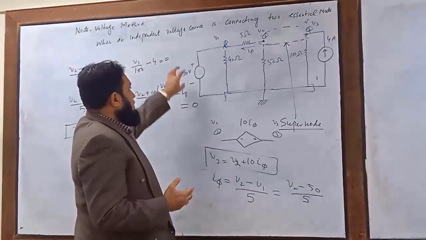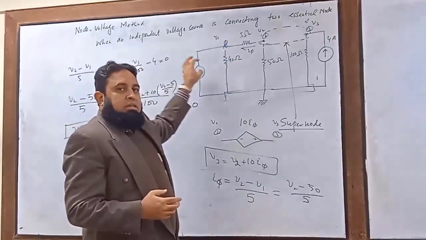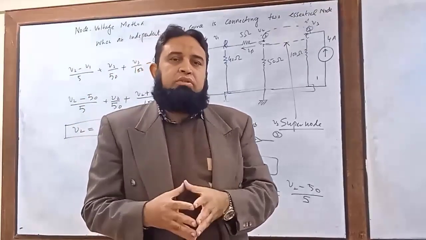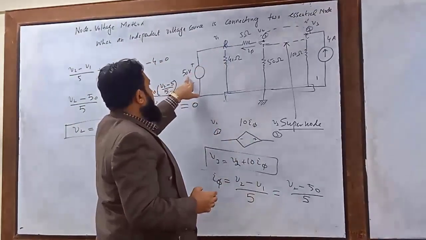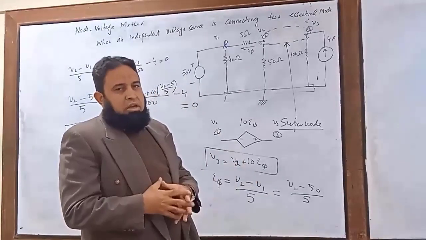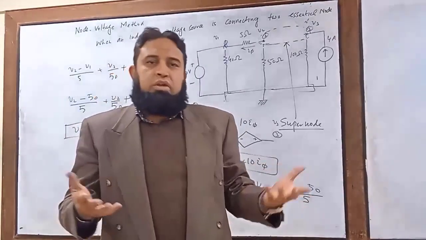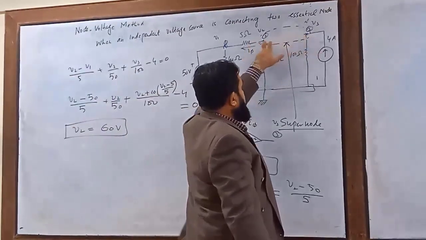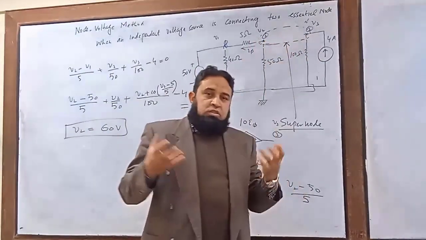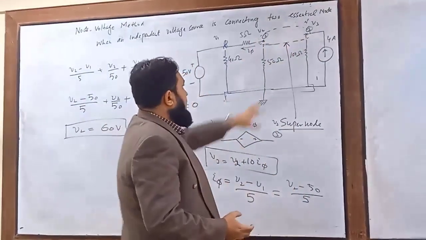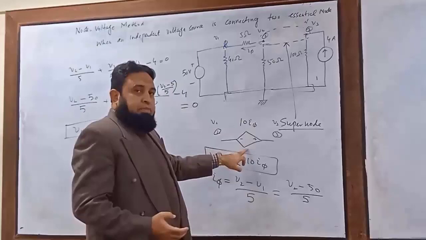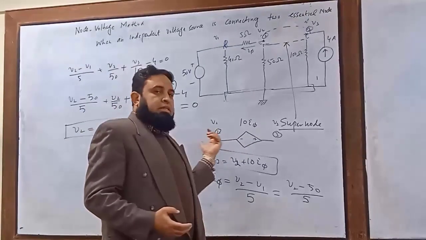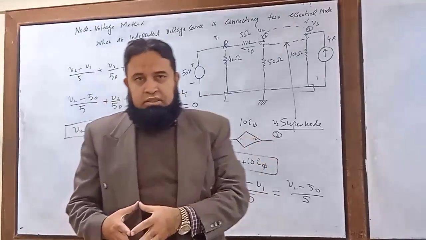So what will happen? Simply take the node voltage equal to the value of the voltage source. So here, for example, V1 is equal to 50 volt. Another case is when two essential nodes are connected through a voltage source, like here, 10I5, where on one terminal there is an essential node and on the other terminal there is an essential node.